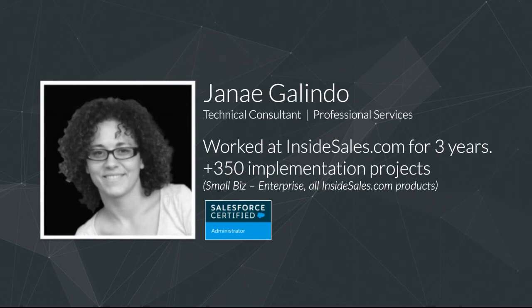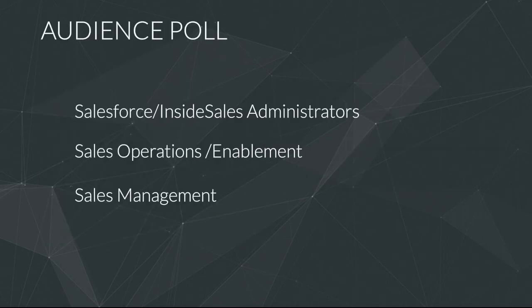Okay, great. So we're looking at a dominant portion of administrators, which is great because I will go into a little bit of detail about formulas and process builders, so it will be good if you have some background in that. Sales operations and enablement, hopefully you'll get some really great ideas for different strategies that you might be able to implement.